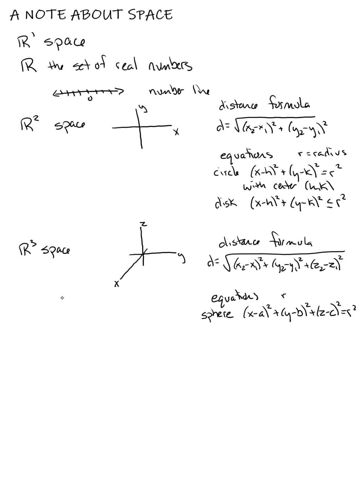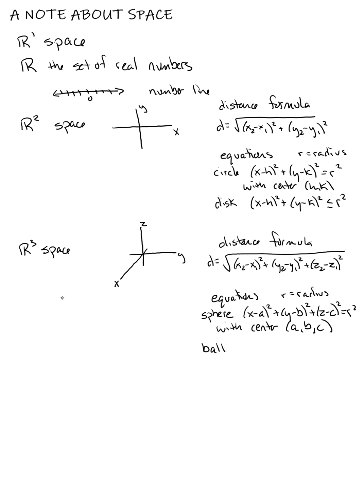Again, r is the radius. And in this case, the center is (a, b, c). Remember, we are in 3 space, so we need 3 coordinates in order to determine a point.